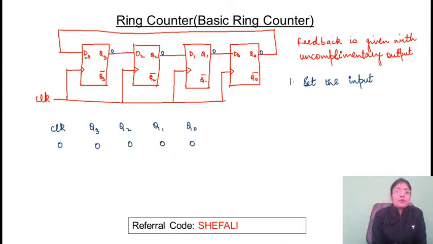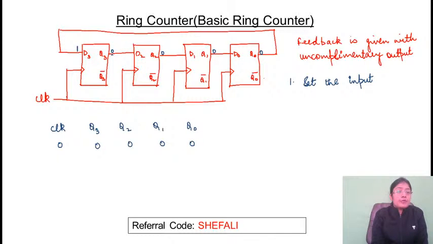What will be the input for D3? There is no input here. It keeps on rotating the values of 0, so it is not getting any other value. We need to introduce some value. Let's assume that the input is 1. This is the starting state. So what will be the input here?